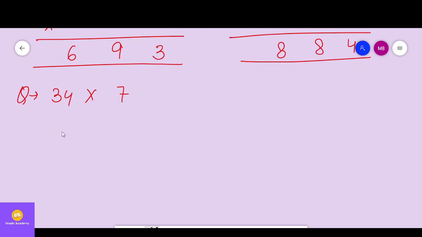You have to write the correct digit under the correct place value, that is tens and ones. 3 will come under the tens place, 4 will come under the ones place, and you have to multiply it with 7 like this. We'll just multiply the second row with the first row and we have to cover each and every digit in the first row.